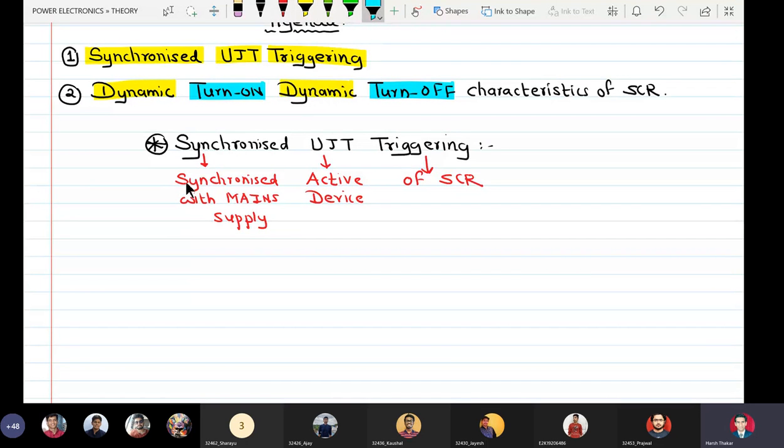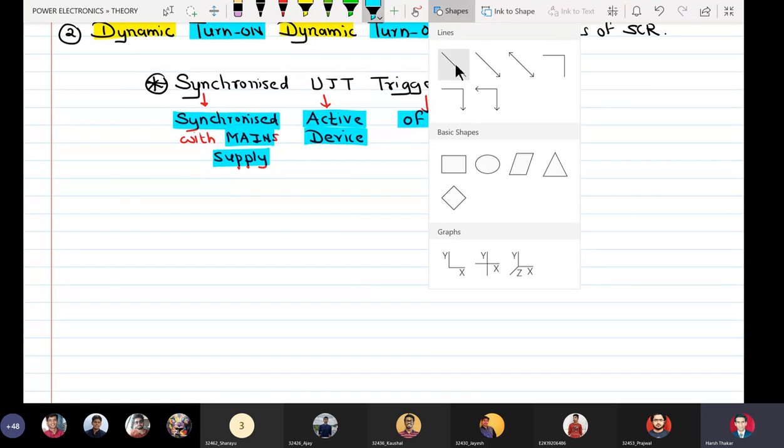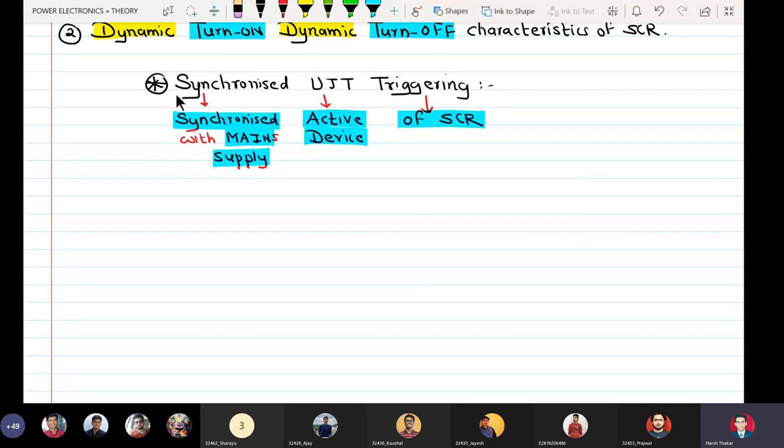So when I say synchronize, it means synchronized with the main supply. UJT is an active device and triggering of an SCR. So we can say it is generation of firing pulses which are synchronized with main supply to fire an SCR. So we can say synchronized UJT triggering can be defined as this.